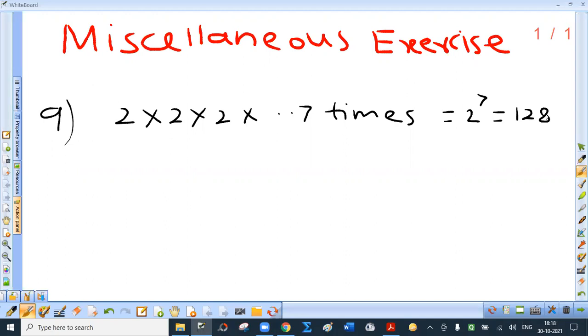Therefore, the number of ways a student can fail equals 128 minus 1, which equals 127. Okay.